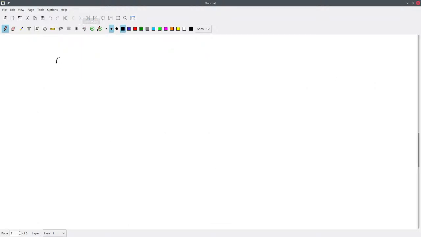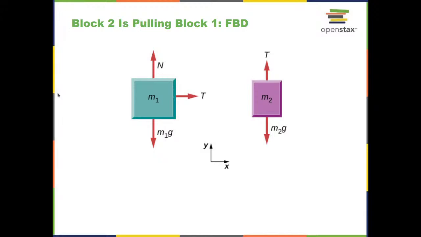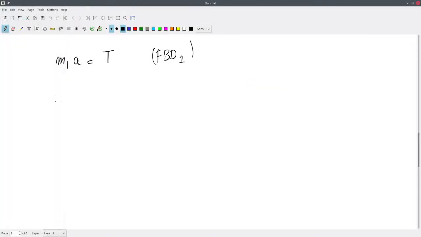So we have that m1 times the acceleration will be equal to the tension. So that gives us the tension. That's from free body diagram 1. And then we have that m2g minus the tension will be m2 times the acceleration. That's what we get from free body diagram 2.